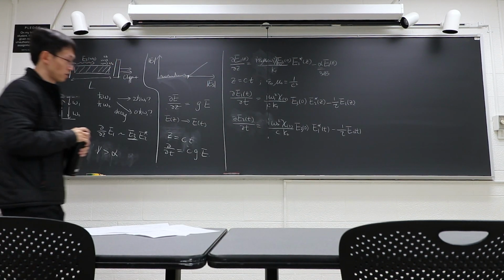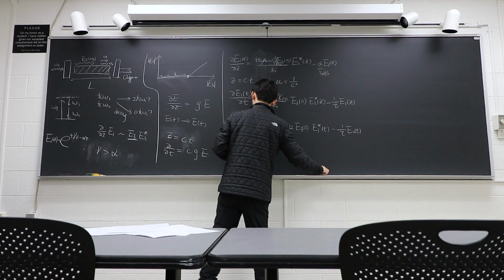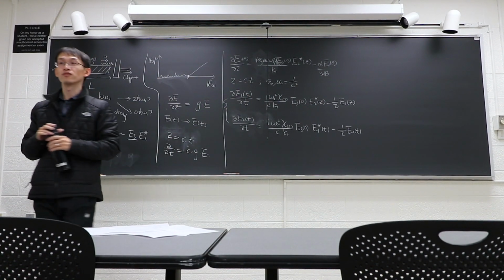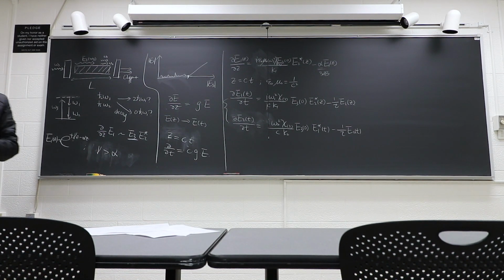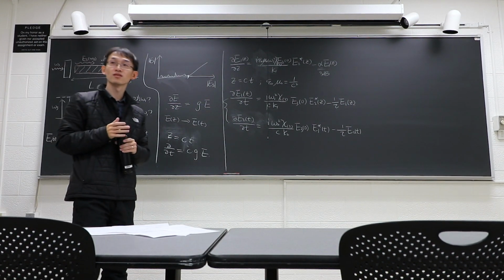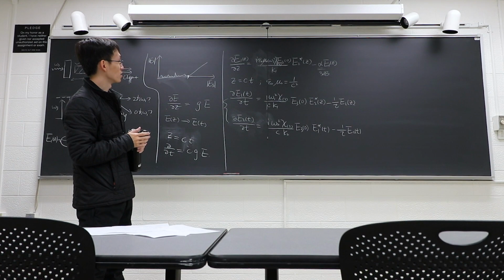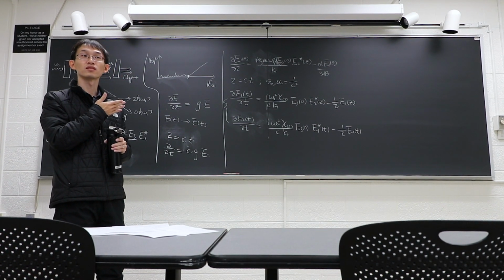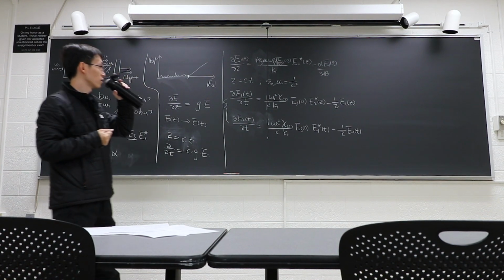So when you look at it, you might feel, wow, this is very familiar. We've been solving this equation probably 10 times in this class. But in reality, this is a different type of equation. Why do I say that?